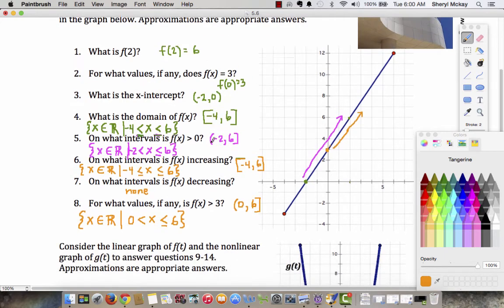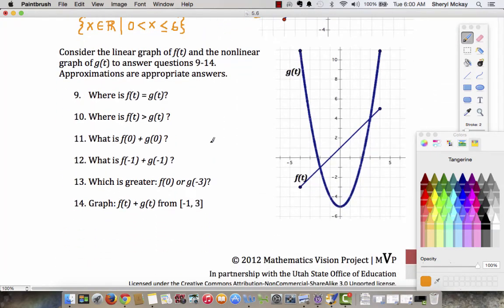Okay? Let's do one more. Now it says, consider the linear graph f of t and the nonlinear graph g of t to answer questions 9 through 14. Okay, so we've got two different graphs of functions. Here's f of t, it's this linear one that starts here and ends here.